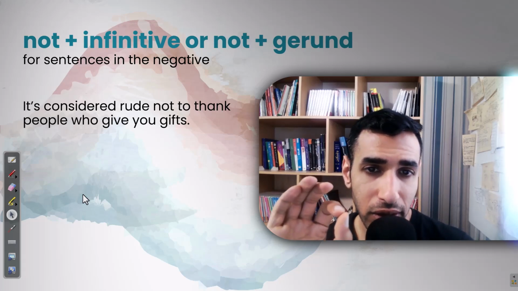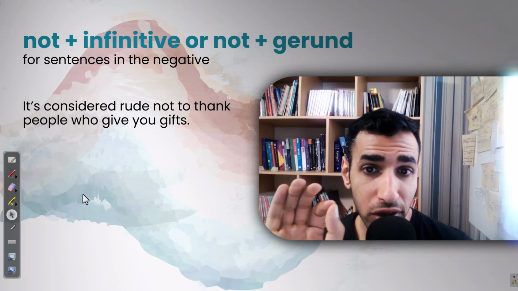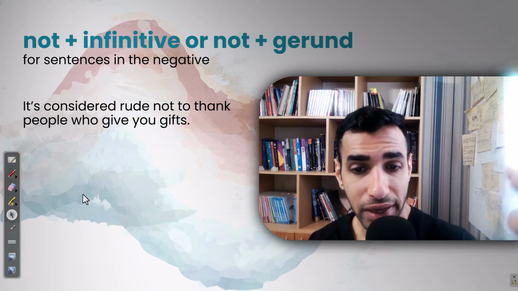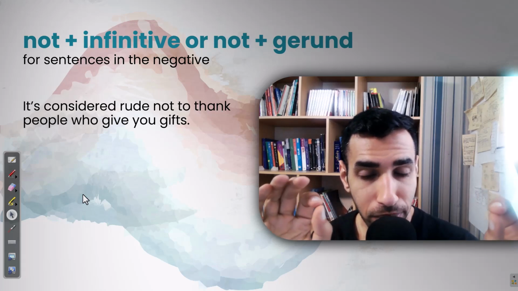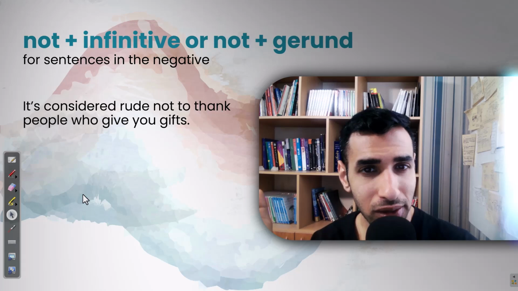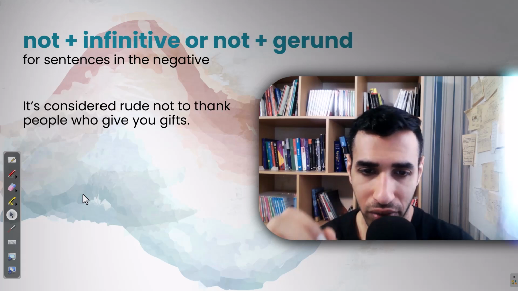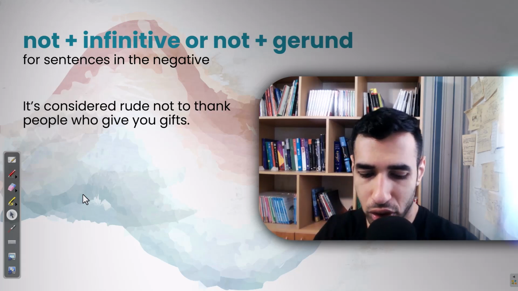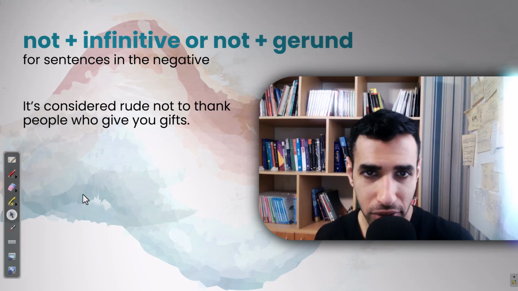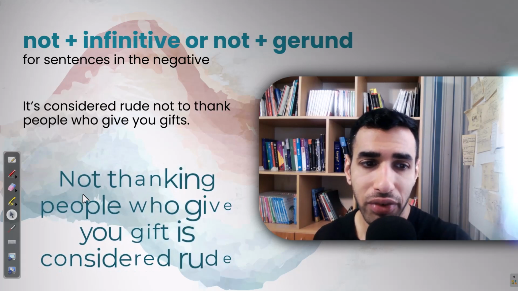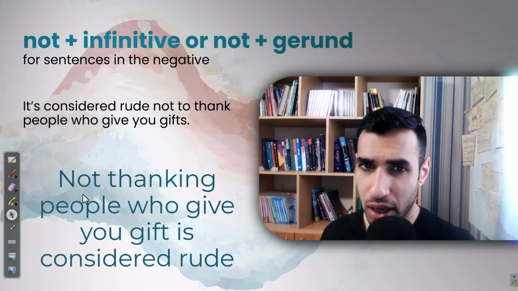"Rude" is the adjective, and the infinitive phrase is "to thank people." Before "to thank people" add "not," and the sentence is negative. And the gerund form, can you say it? Not thanking people who give you gifts is considered rude.